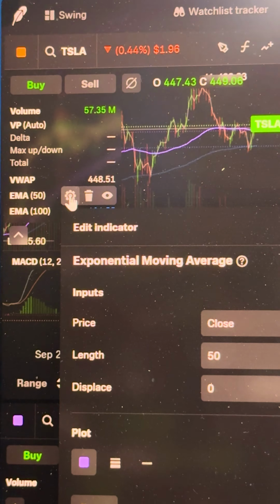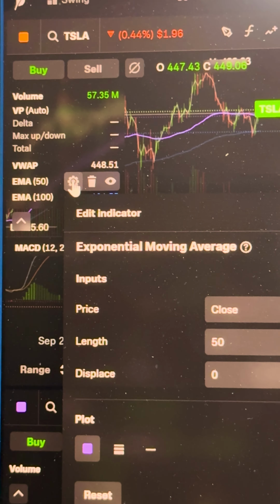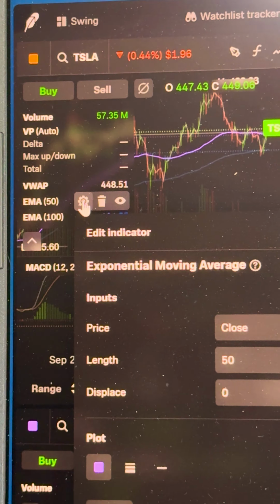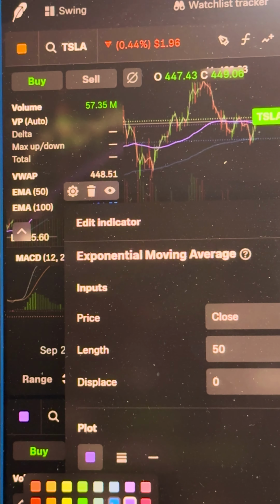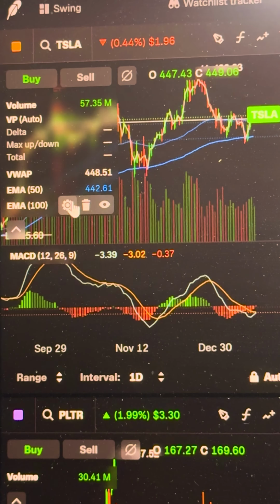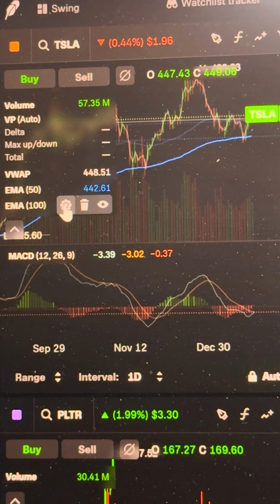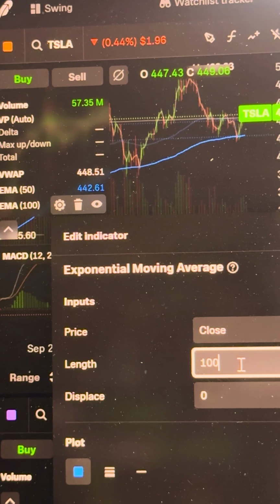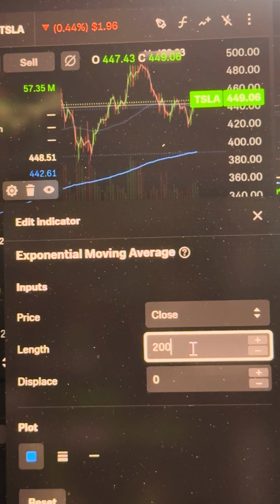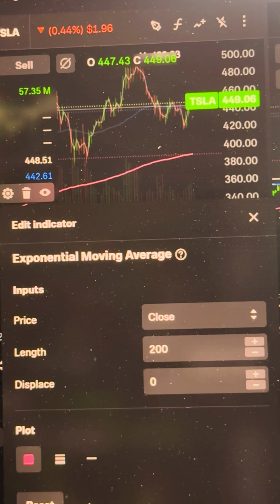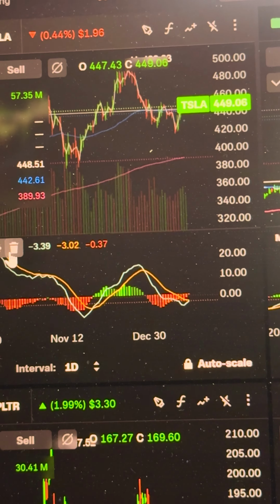So over 50 days, that's where the average price of the stock is gonna be, so it's a good way to judge. And I'm gonna change this one to 200 day. Bing. All right.